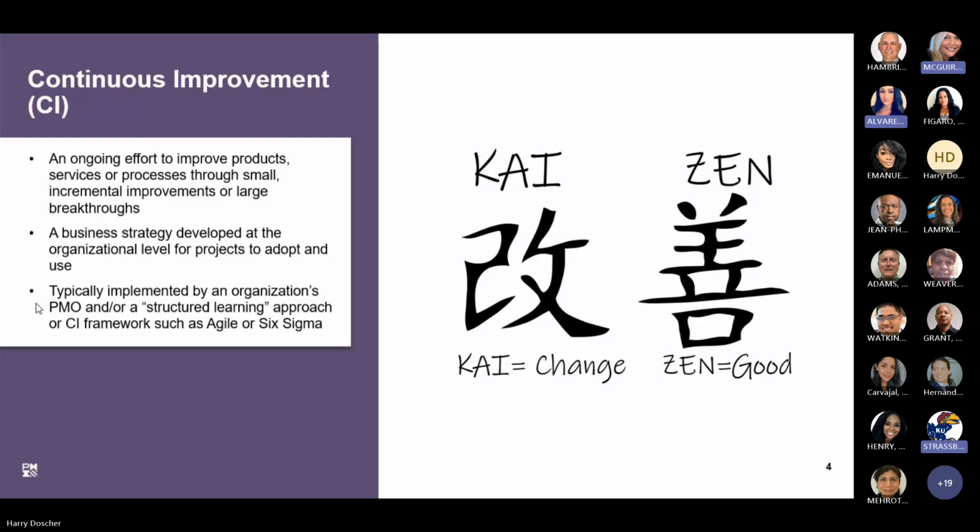Yep, definitely. And how often does an Agile team take a look at how they can improve things? 2 to 3 weeks.